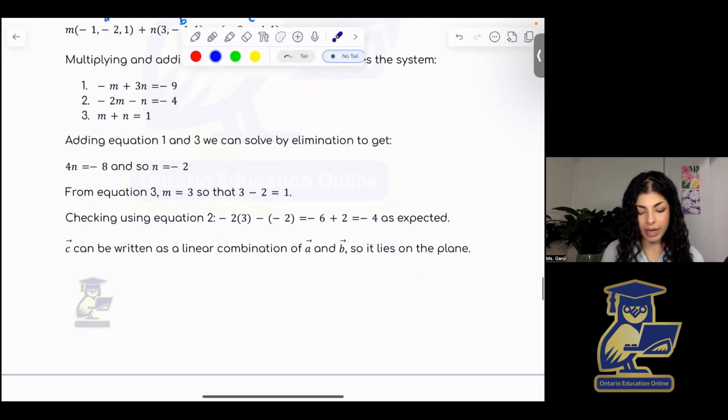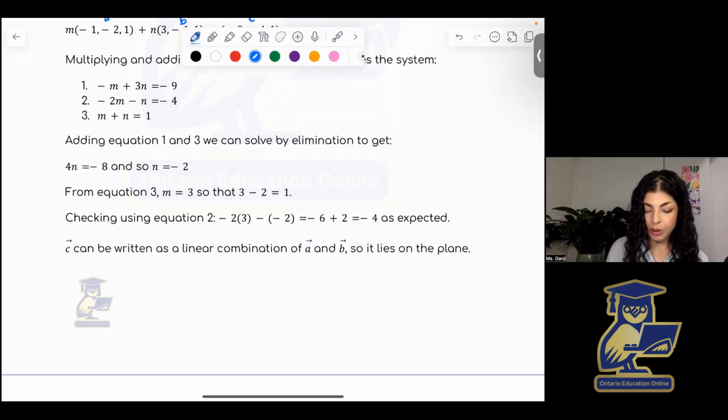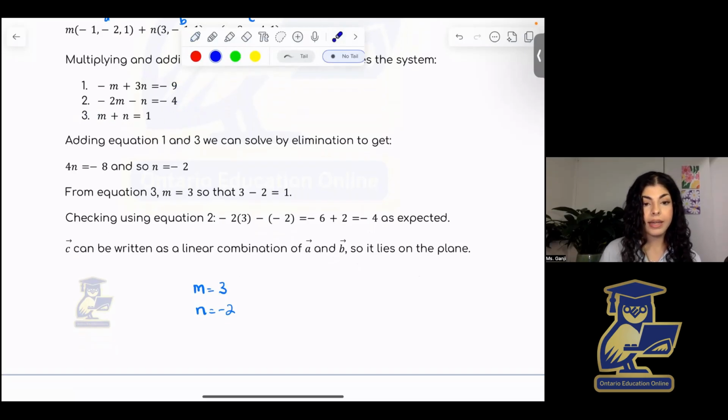And I will just check here with equation 2 that this also holds. So then, yes, vector C can be written as a linear combination of A and B, and it does lie on the plane. And if you're not fully convinced, using M is 3 and N is equal to -2, go back to all of these three equations and substitute them, and you should get -9, -4, and 1.